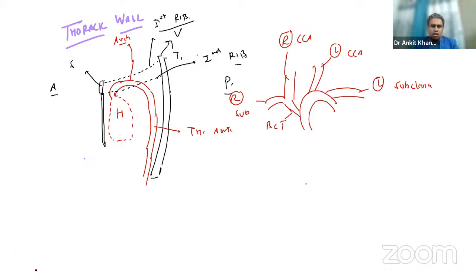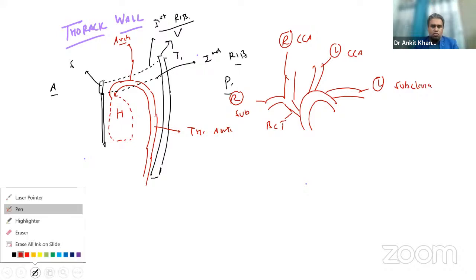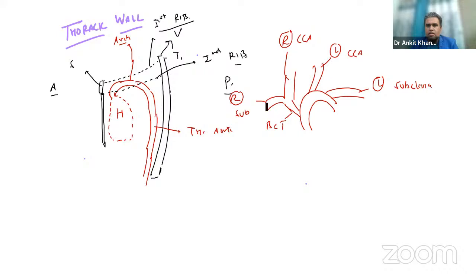I want you to focus on the two subclavian arteries, the right subclavian and the left subclavian. Subclavian means where are they going? They are going towards the axilla. If you remember from the upper limb, both subclavian arteries arch over the first rib and then continue into the axilla as the axillary artery.